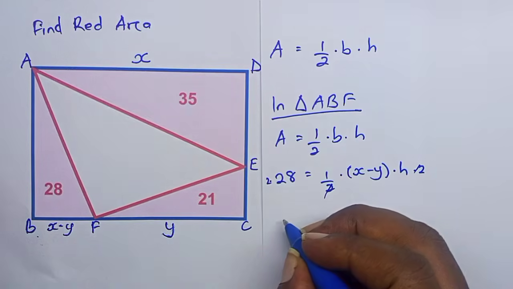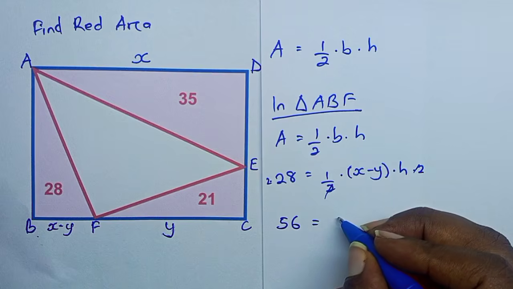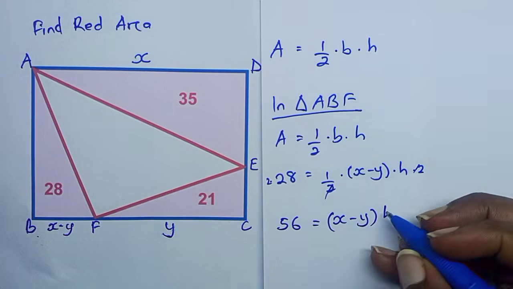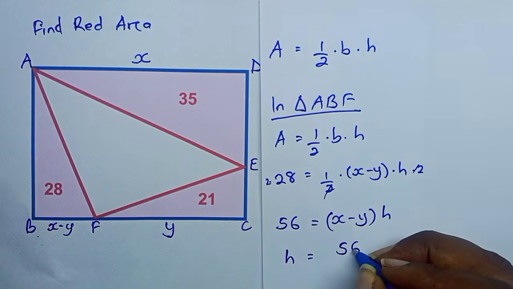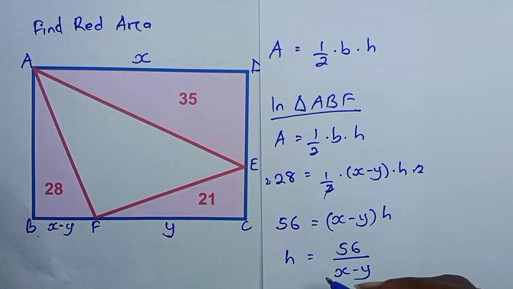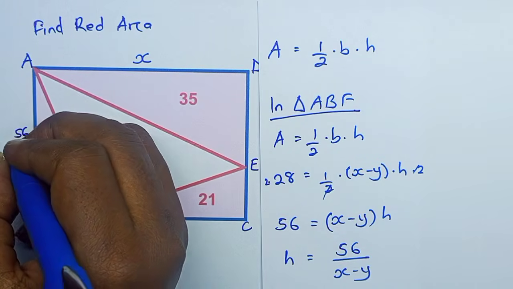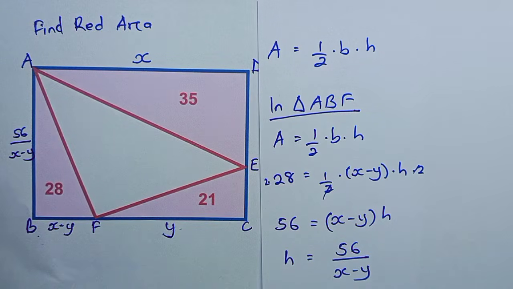So 2 times 28 is 56. This is equal to x minus y times h. Want to make h the subject, so h will be equal to 56 over x minus y. So we have got this side AB as 56 over x minus y.